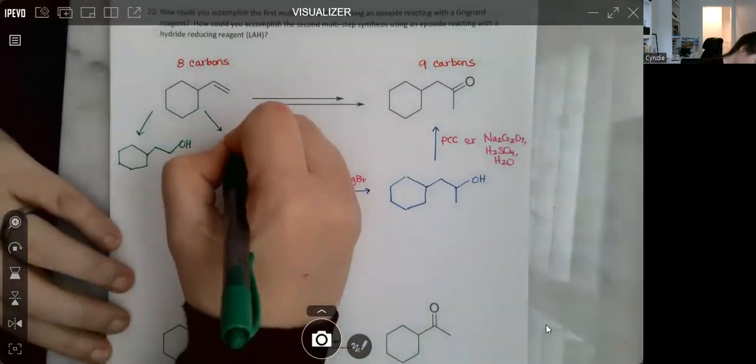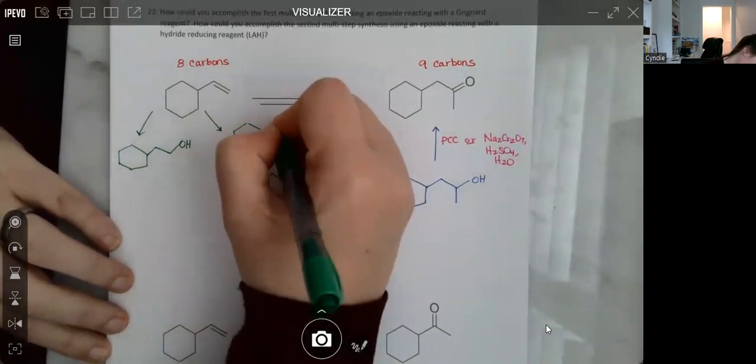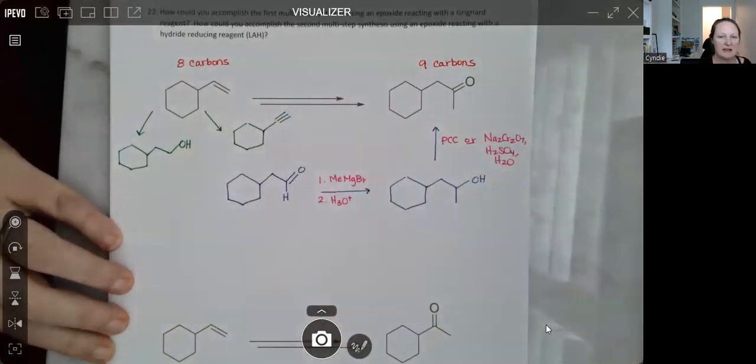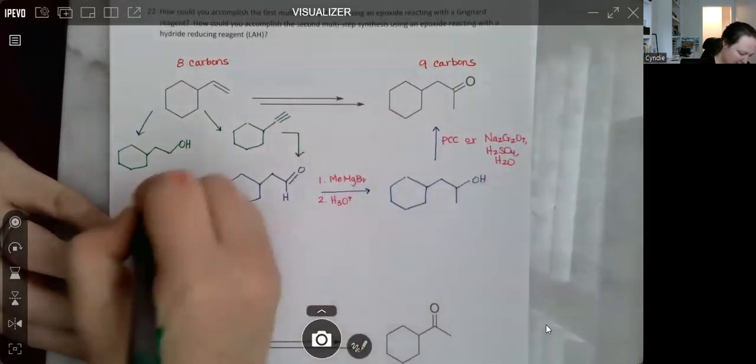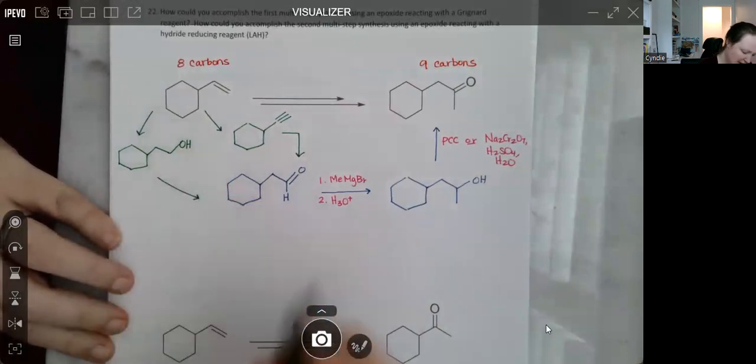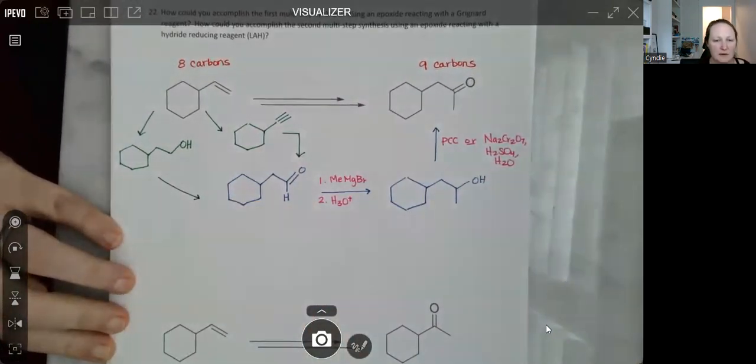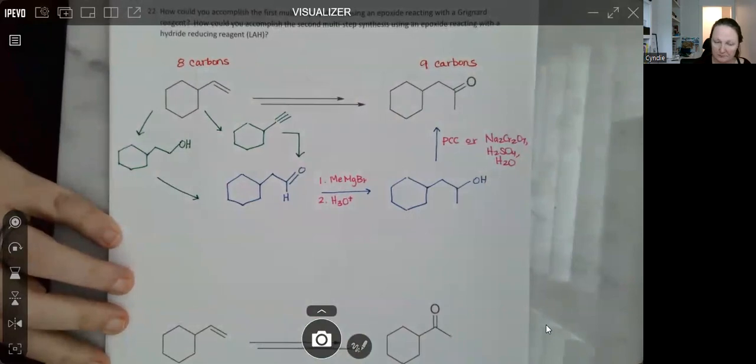And in the other case, I'm going to draw the alkyne. Right, and then from the alkyne, I can convert that to the aldehyde directly, and from the alcohol, I can convert that to the aldehyde directly.